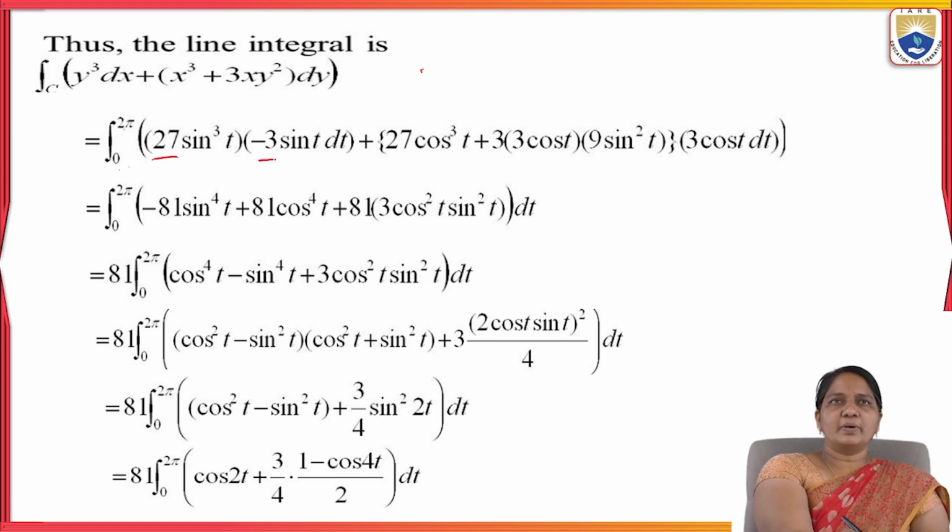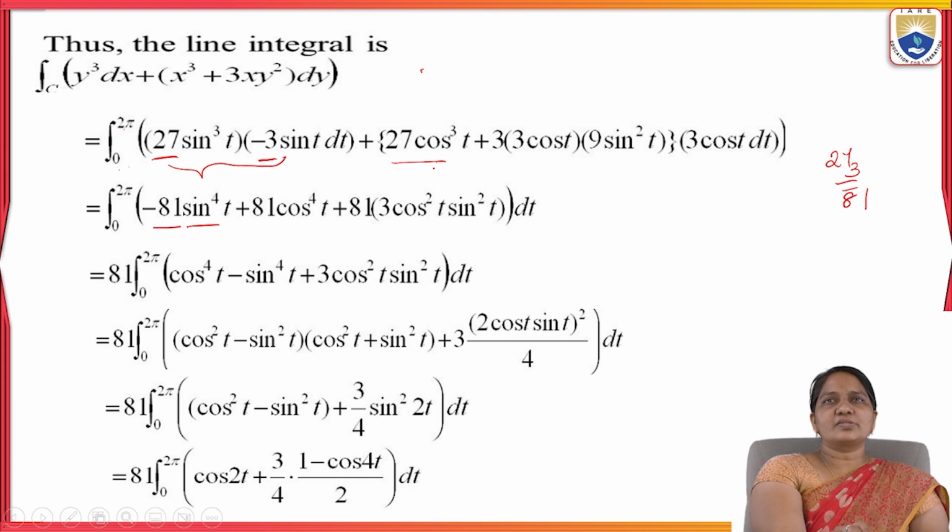27 into minus 3, so 27 times 3 is 81. So minus 81 sin cube t into sin t is sin power 4. This value is minus 81 into sin power 4. Now next, 27 cos cube t, and here plus 3.